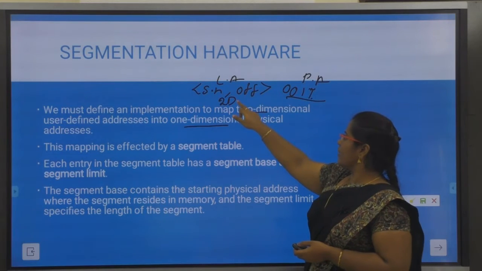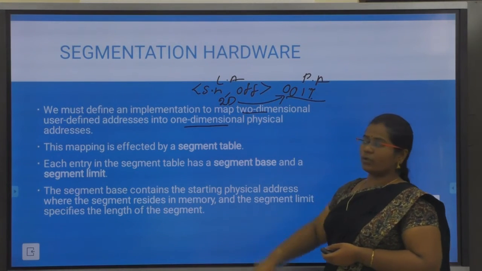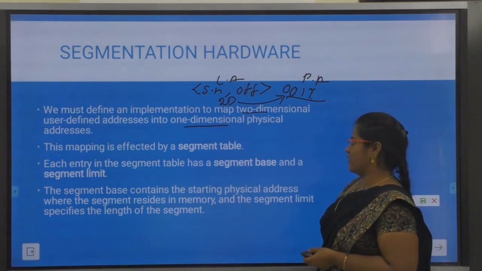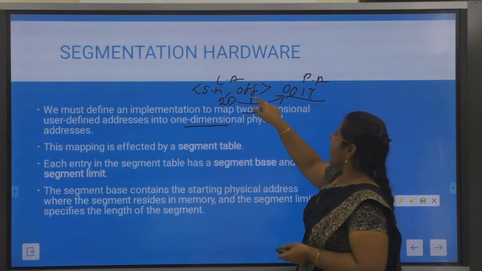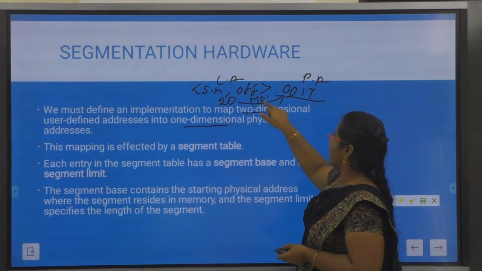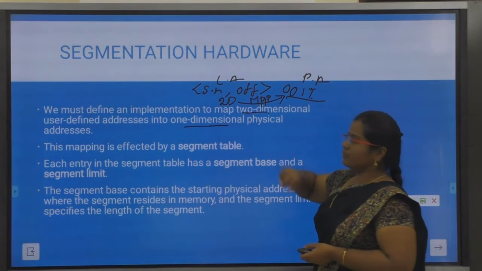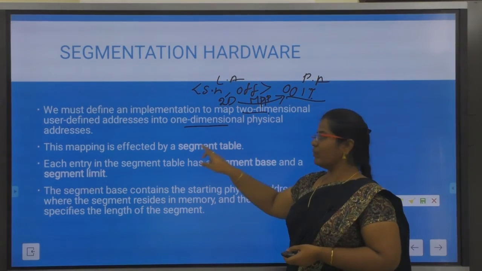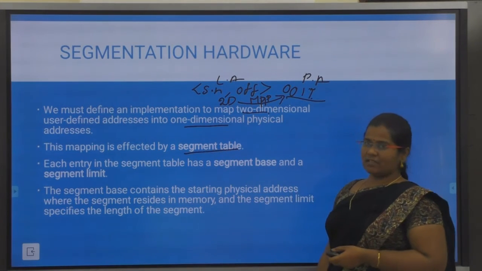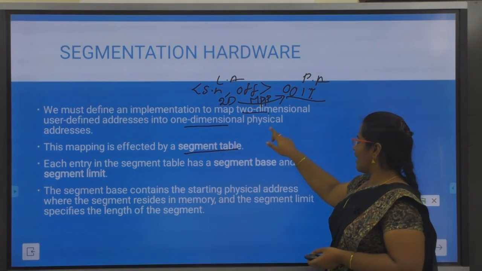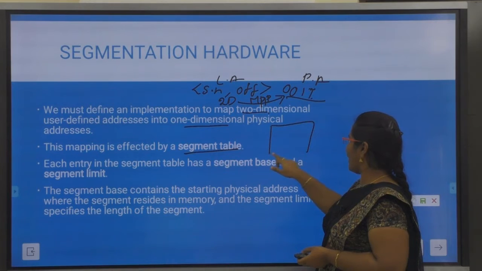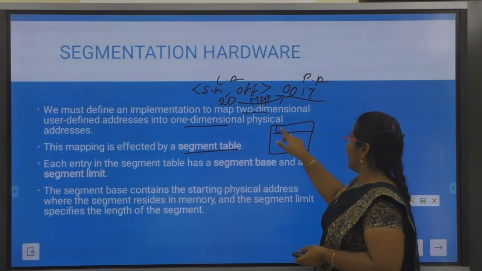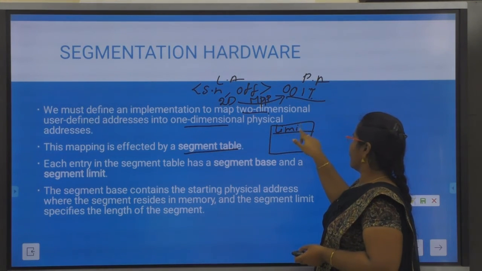You need to map these two-dimensional addresses to one-dimensional addresses. That mapping is done with the help of a segment table. This segment table will consist of two parts: one is the limit and the other is the base.